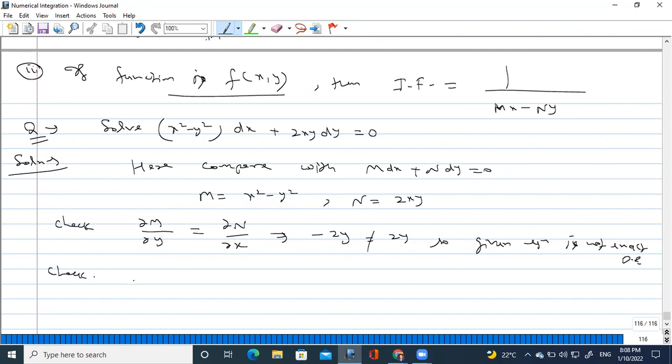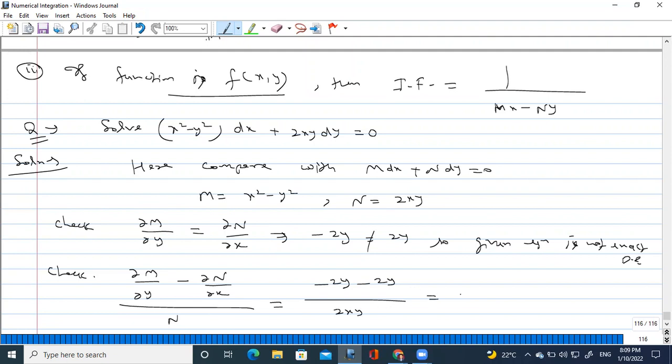Now check again. The next condition is: you have to check (∂M/∂y minus ∂N/∂x) divided by N. So ∂M/∂y is minus 2y and ∂N/∂x is again minus 2y, and divide by N. N is 2xy.